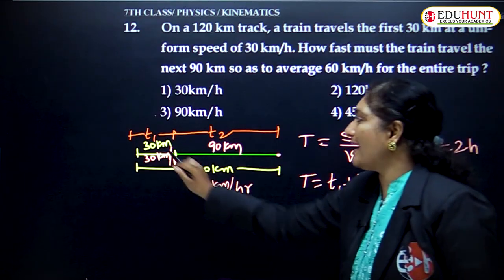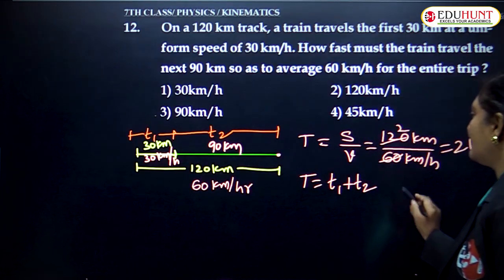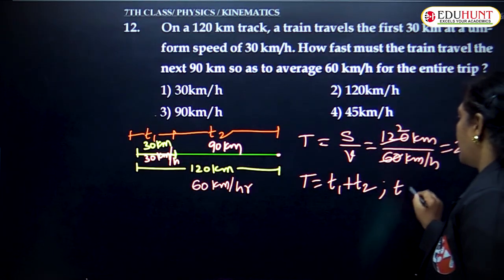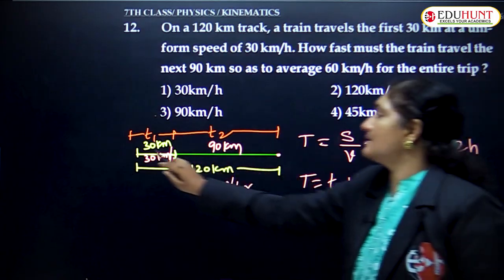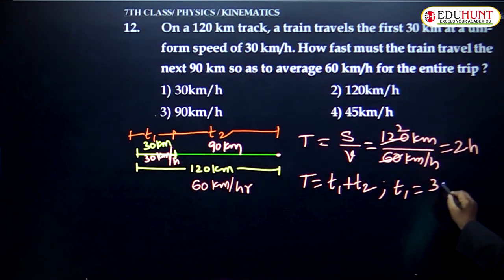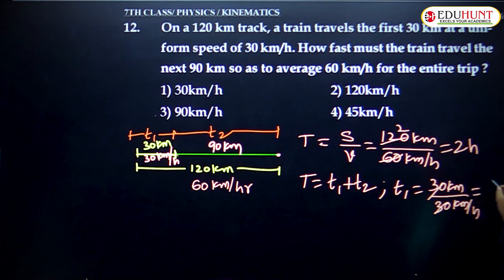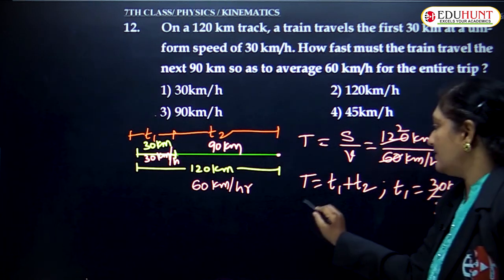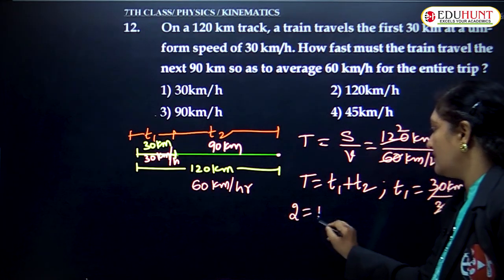Then what would be the value of T1? The value of T1 is nothing but the initial distance by initial speed. What is that? 30 kilometers upon 30 kilometer per hour. So 30 gets cancelled, then you are left with 1 hour.